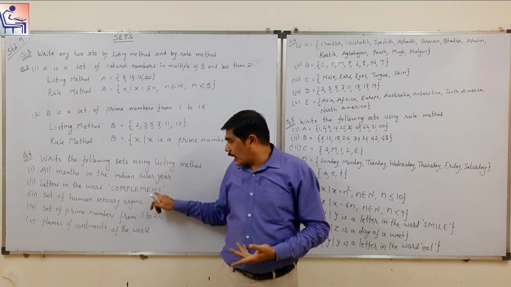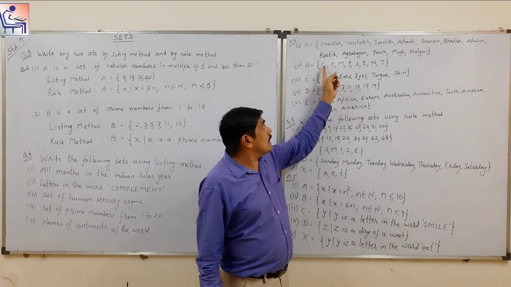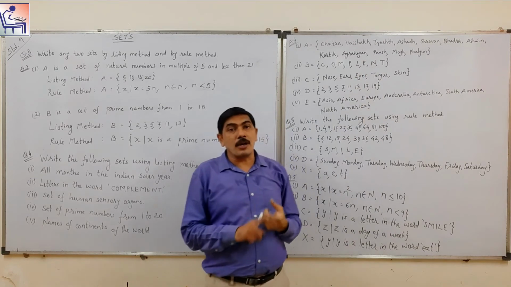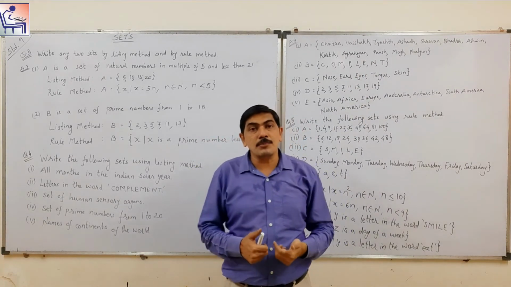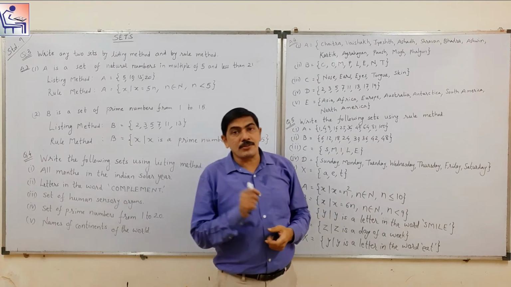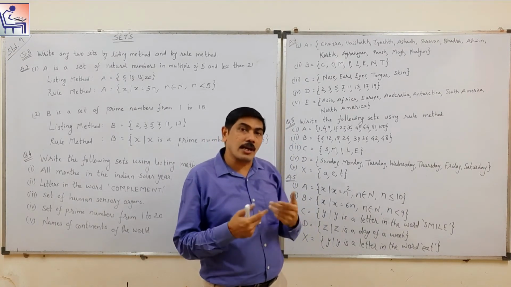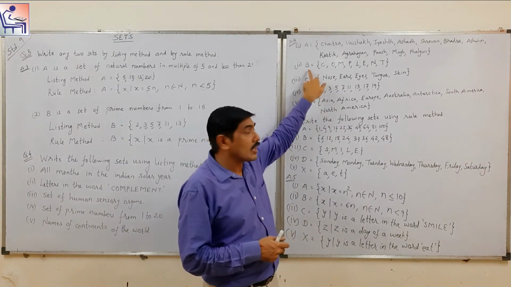Then I will write N and T. So here we got the answer as C, O, M, P, L, E, N, T. Please don't forget to put commas and curly brackets and give a name to the set. If the name of the set is not given, then you can write any name for the set, as we have written here B.